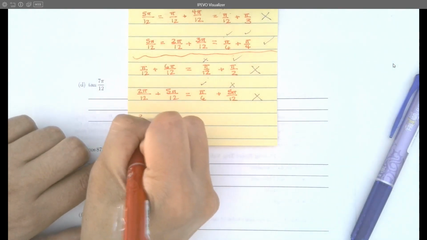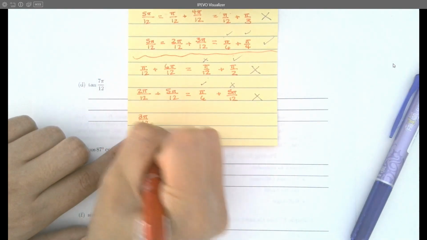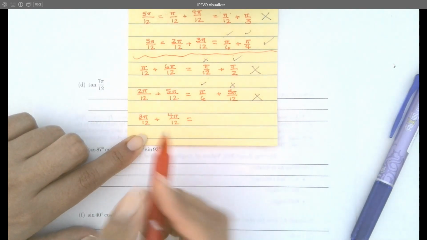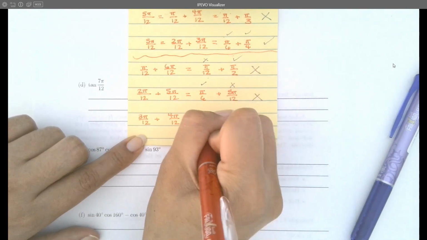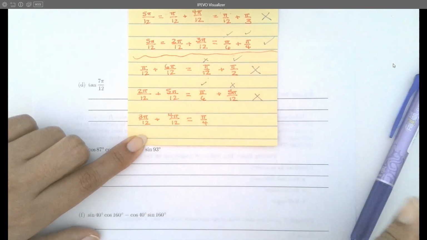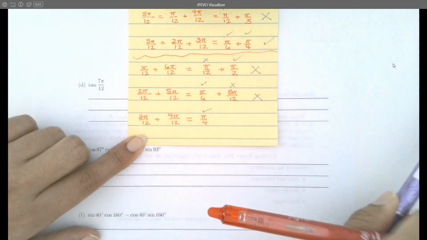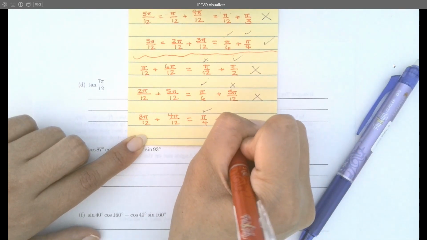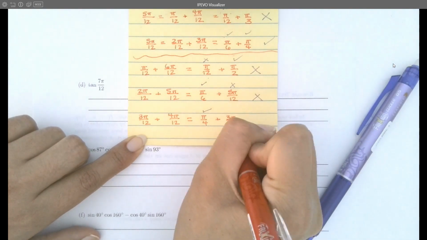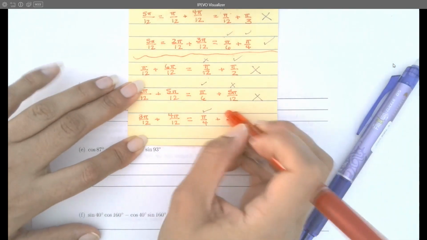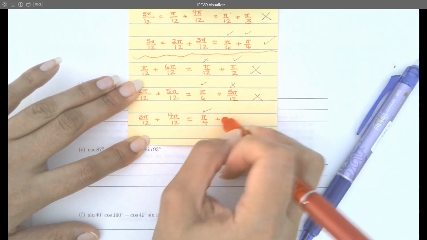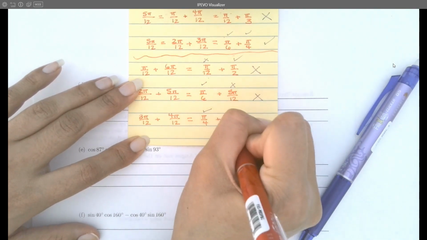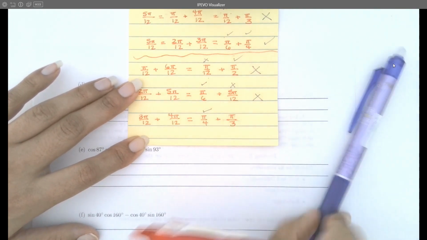And the next one we can try is 3 pi over 12 plus 4 pi over 12. And 3 pi over 12 will reduce down to pi over 4. That is on the unit circle. And then the 4 pi over 12, divide top and bottom by 4, and we'll get pi over 3.